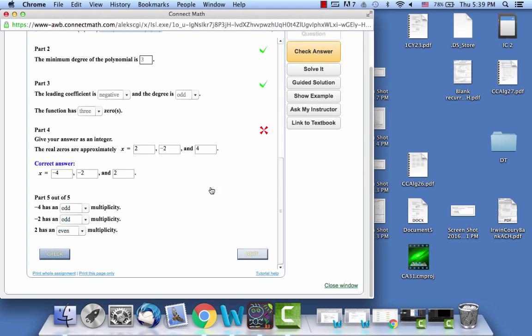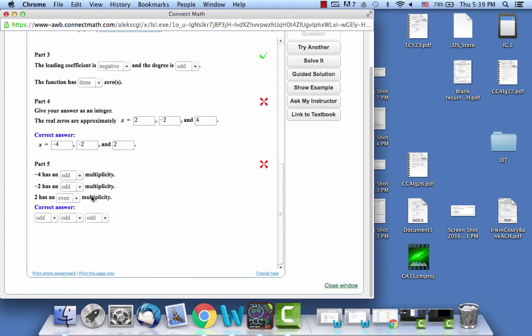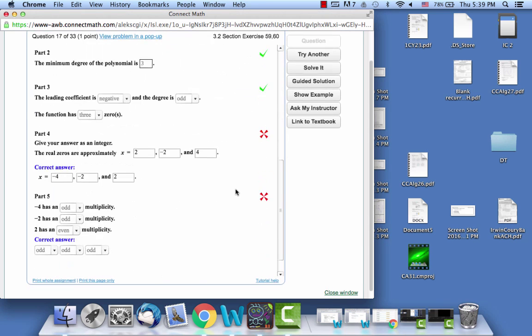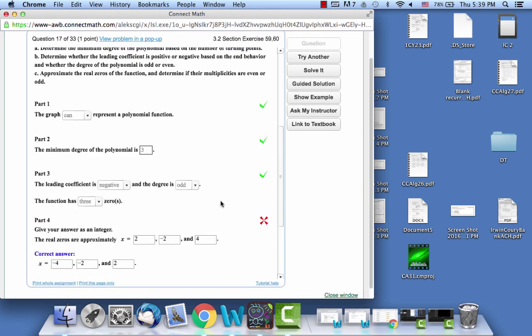So odd multiplicities all around. That's very strange. I don't know how that happened. I guess you can rewind it and look, but I said all odd, so weirdness.